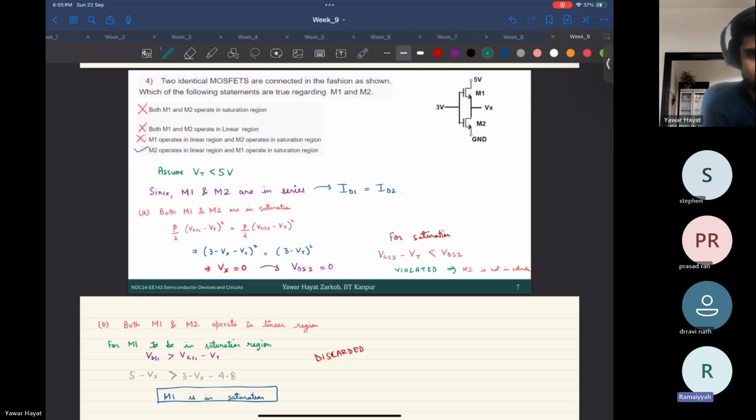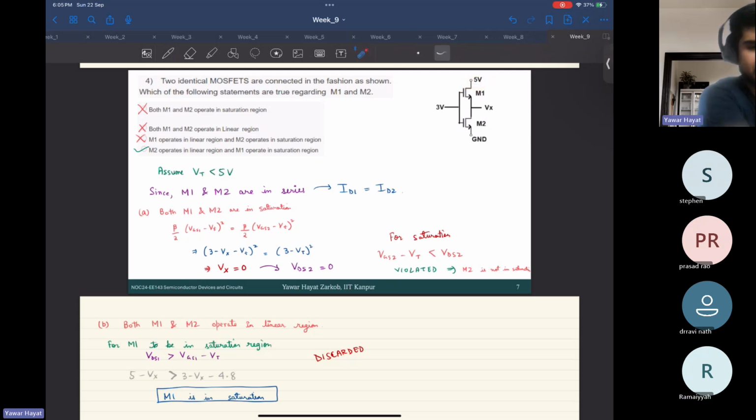Is it because VT should be less than the maximum voltage in the circuit? VT has to be less than 5 volt. The reason I did so is because the options didn't mention the MOSFETs being in the cutoff region, right? So you can assume that VT is less than this 5 volt VDD.